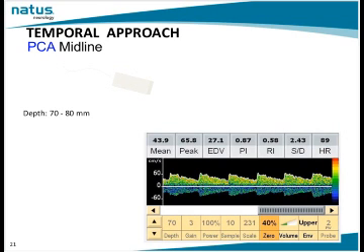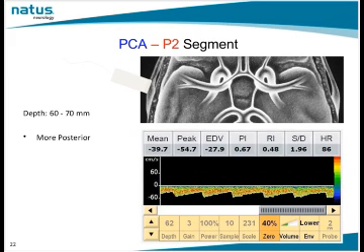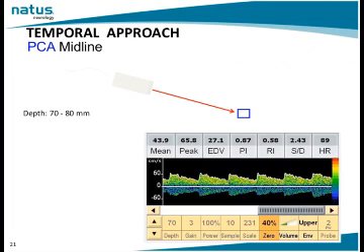All right, now we can also trace the PCA into midline, and that's what you're seeing here. Well, this is interesting. Okay, I have to go back. That was real interesting. I think my slide got goofed up. What you should be seeing here is the circle of Willis, and we're showing you that we're at midline at a depth of somewhere between 70 and 80.